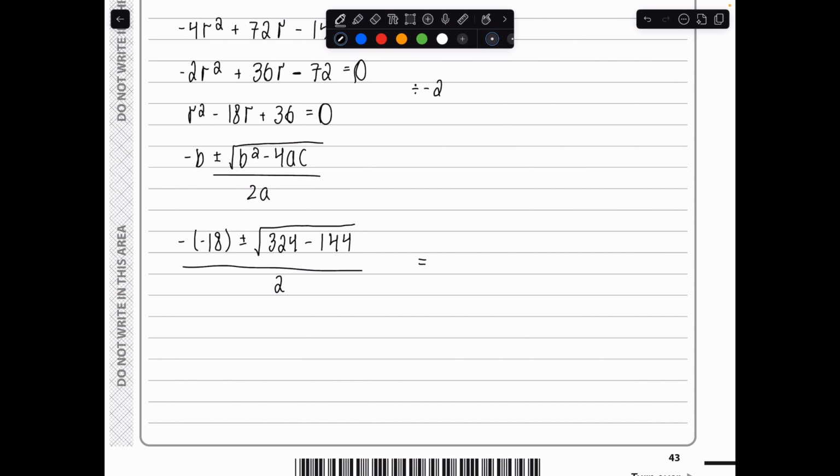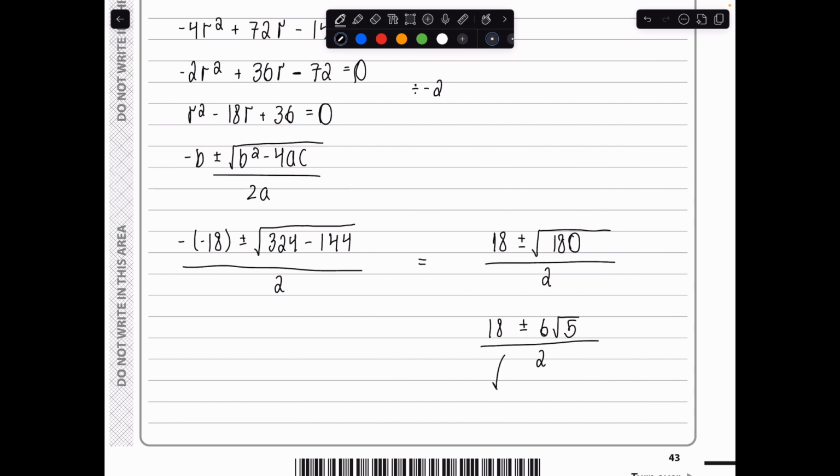So if we simplify that down, 324 minus 144, that gives us 180. So we have 18 plus or minus the square root of 180 over 2. Now, a nice and easy trick we can use, just put root of 180 into our calculator. We get 6 root 5. So this is the same as 18 plus or minus 6 root 5 over 2.